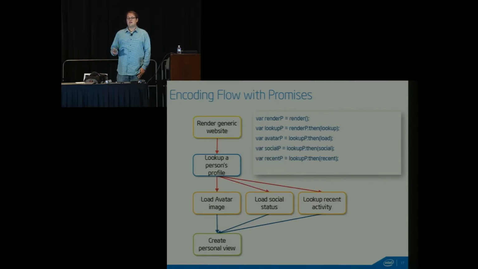So the avatar happens after the lookup is complete, and the social happens after the lookup is complete. And the recent happens after the lookup is complete. So that encodes the 3 edges in my graph. And lastly, and this is an operation I borrow from When.js here, when all of the avatar loading, the social loading, and the recent loading have completed, then I want to create my website, my personalized view of the website.